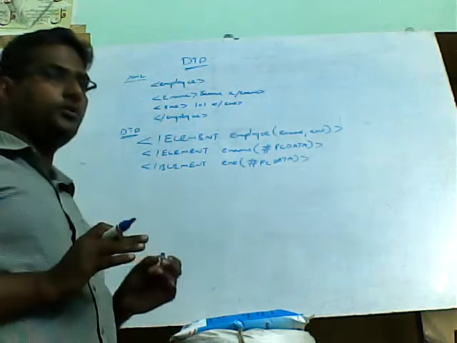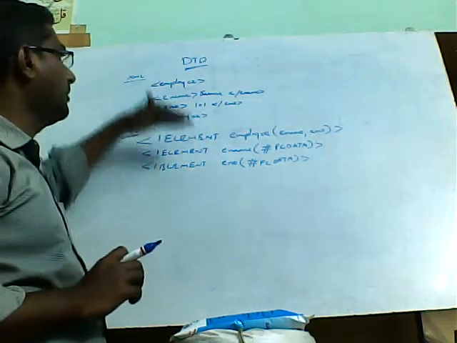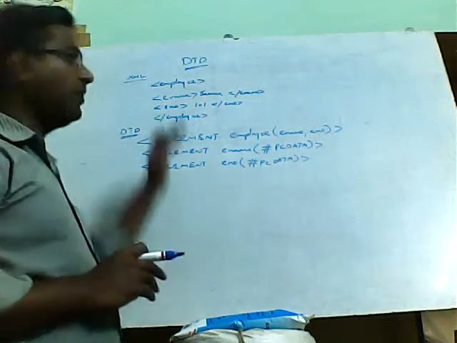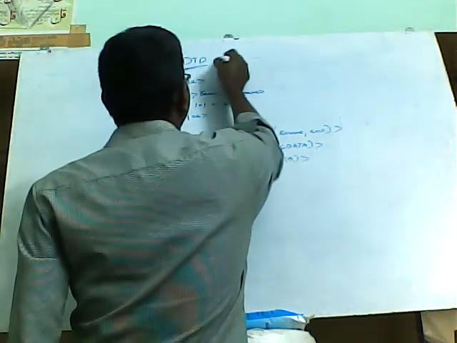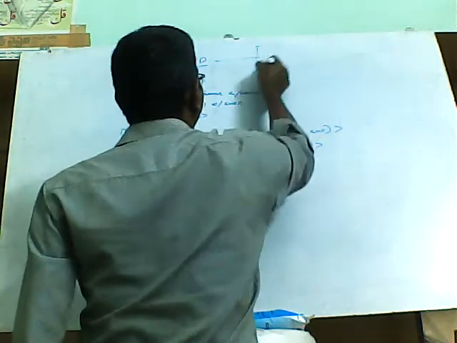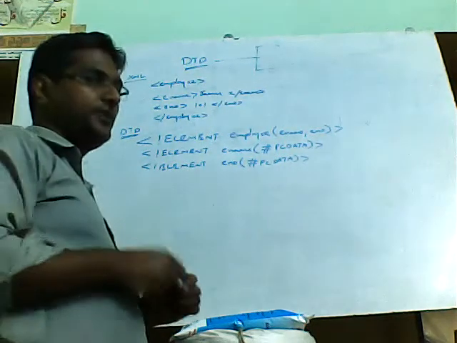Now I want to link this XML document with the DTD document. In order to link the XML with the DTD, there are two different ways.